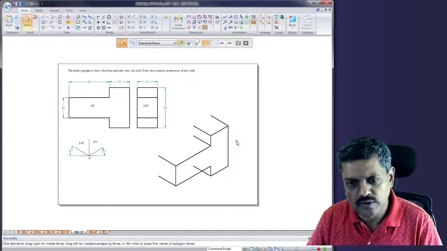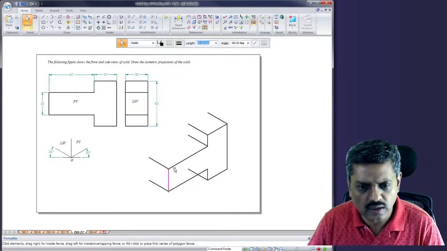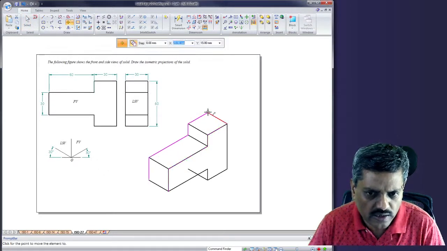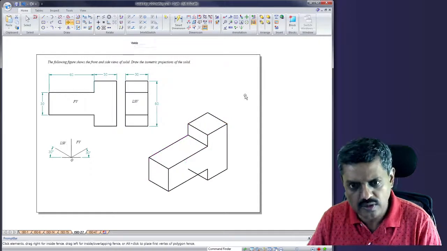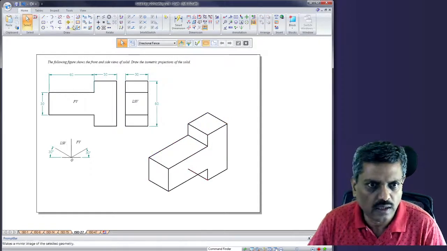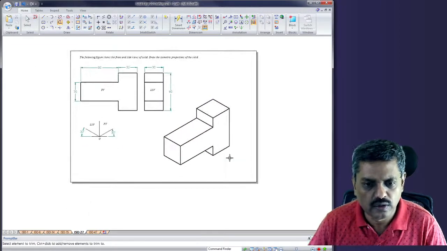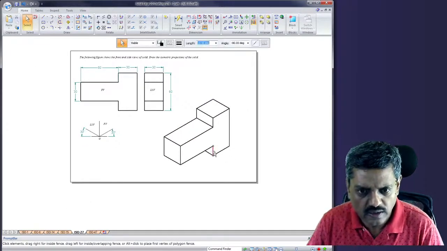Okay. So now if you carefully visualize, all the top edges, horizontal or vertical, should be selected and moved and copied to the other end of this thickness. And you should trim off the unwanted portion of this. So this is very important.